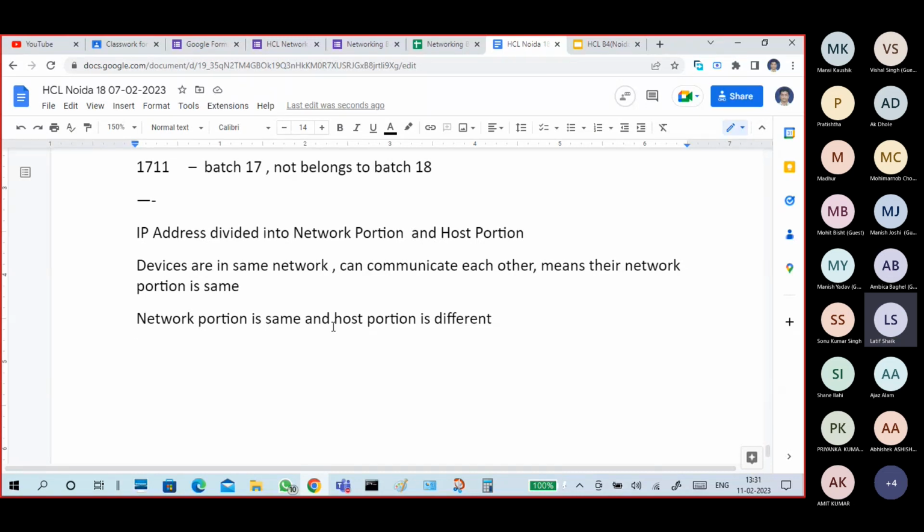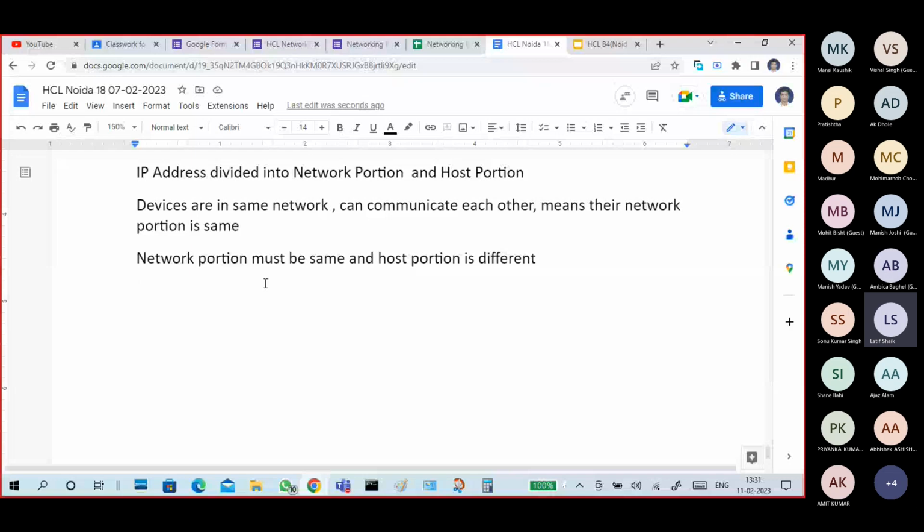The network portion must compulsorily be the same. So the point I'm trying to say, guys, is that the network portion must be the same and the host portion different. Again, how do we know which is the network portion and which is the host portion?